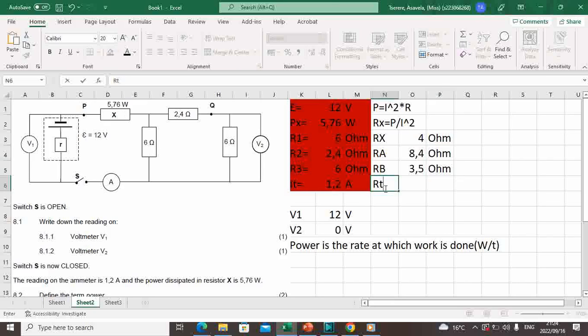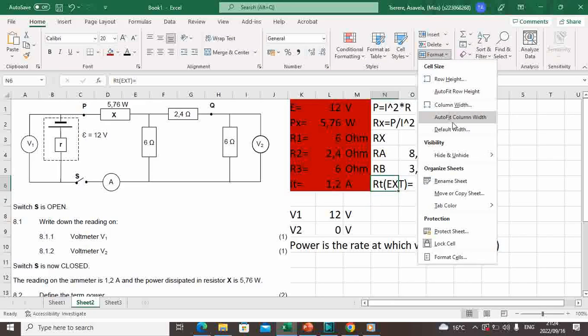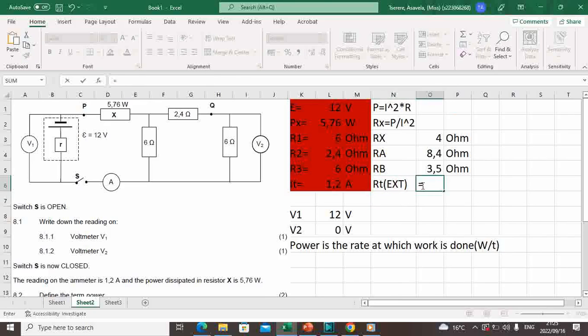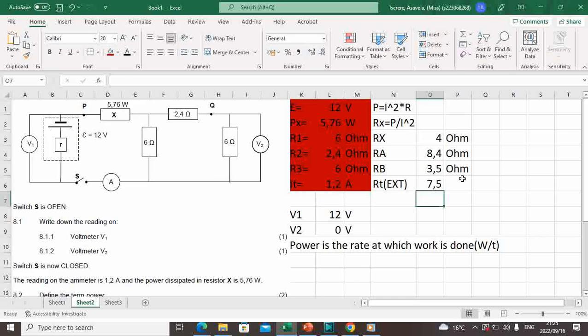The total external resistance is equal to Rx, which is 4 ohm, plus the equivalent of this part, which is 3.5 ohm, equal to 7.5 ohm. There you have it.